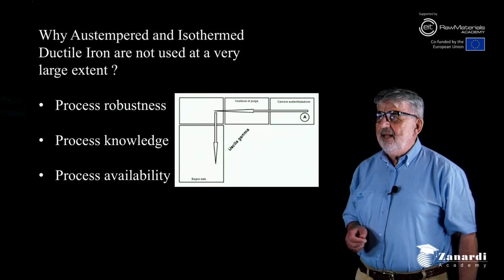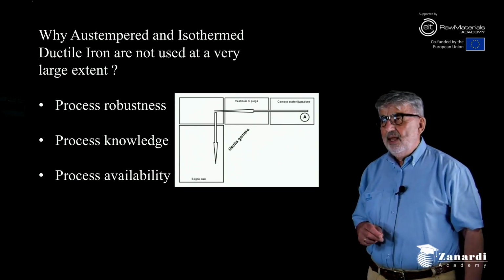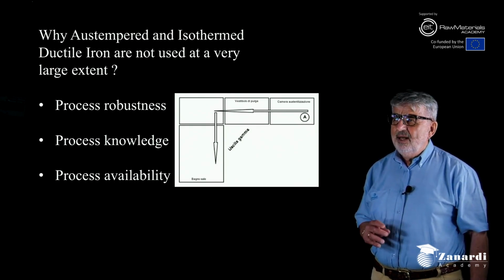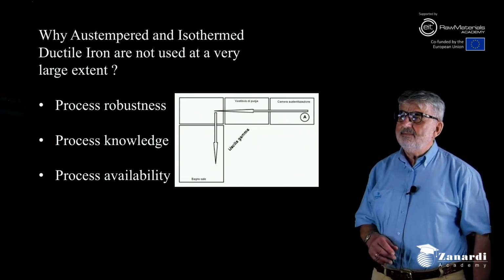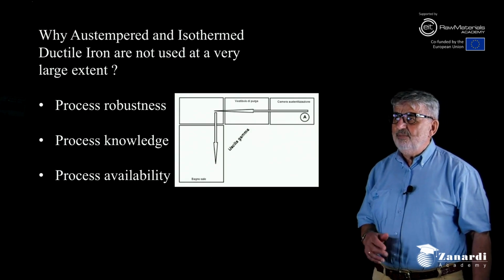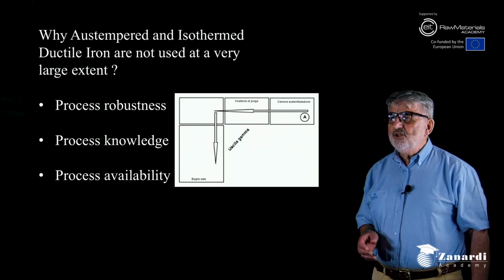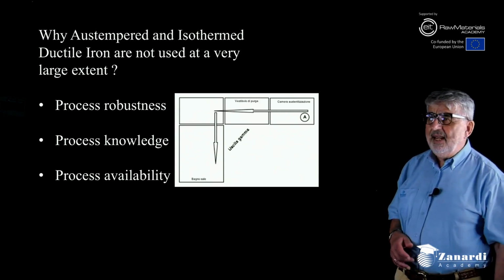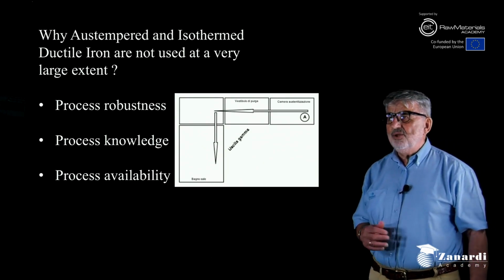This is mainly because of the process robustness required, both in the casting process, to obtain uniform castings, and chemistry-controlled castings, and also it is very important during the treatment. Only treatment plants with salts are suitable for obtaining good austempered ductile iron or isothermal ductile iron.